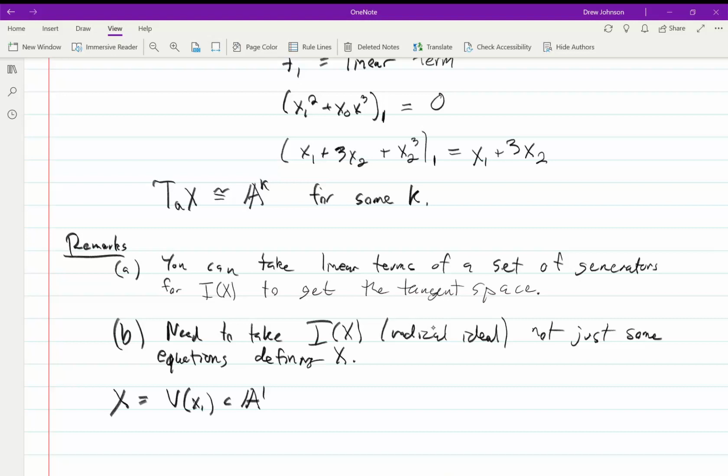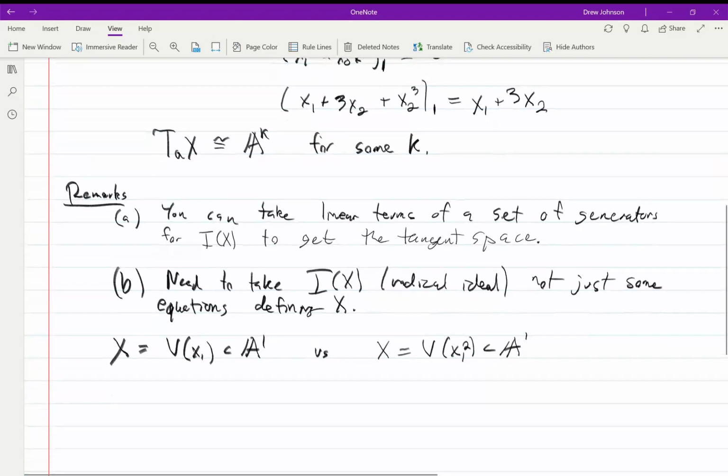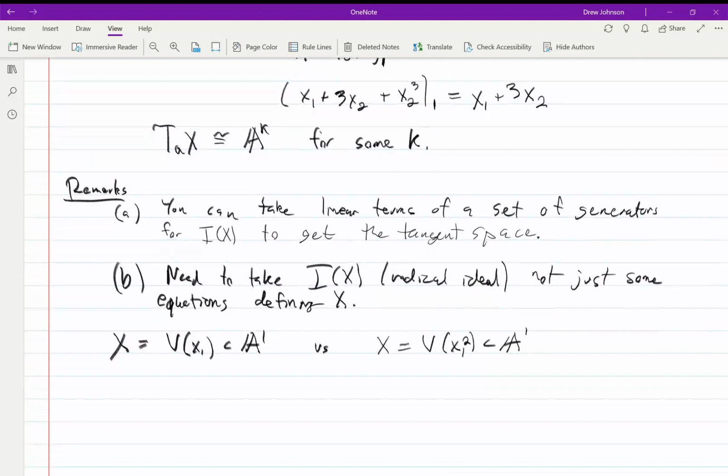Versus X is also equal, as a set, to the vanishing of x_1 squared in A^1, right? If you try and compute the tangent spaces here, you'll find that the tangent space at 0 of X here will be the vanishing of x_1 in A^1, so that'll just be a single point.